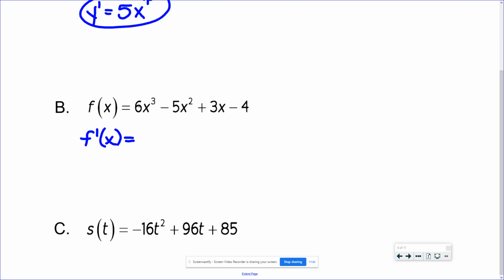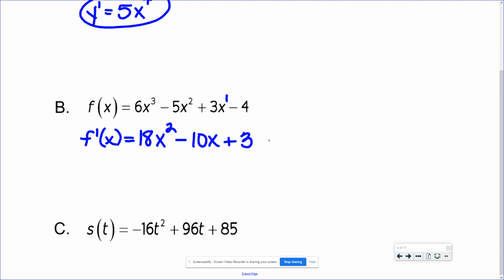So bring the 3 to the front and multiply, which would make it 18. Subtract 1 from the power, and that makes it x squared. Okay, do that again. Bring the 2 to the front. Now you have 10. And subtract 1 from the power, and you get x to the first. On this one, multiply the front number by 1, so that's still a 3.